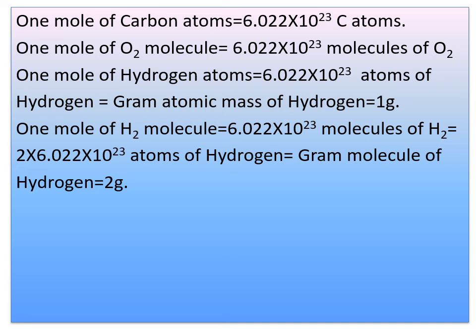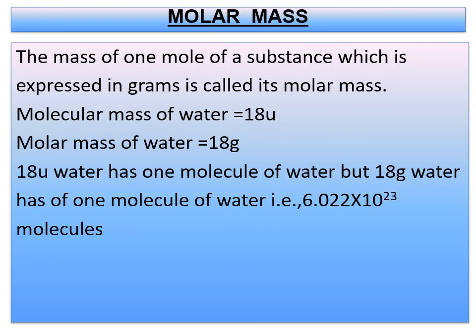Similarly, when we say 1 mole of nitrogen atom or 1 mole of nitrogen molecule, you can go with anything. And when you are writing, instead of MOLE, we write MOL only. Keep everything in mind. This is a more important concept: molar mass. The mass of 1 mole of a substance, expressed in grams, is called its molar mass.